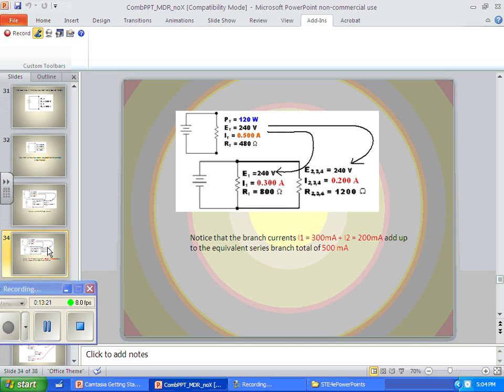And we'll get 300 milliamps in one and 200 milliamps in the other. Now we remember, I hope, that this was 3 different resistors all put together. So what information out of this are we going to take to that series branch that we had to begin with? We're going to take our current.